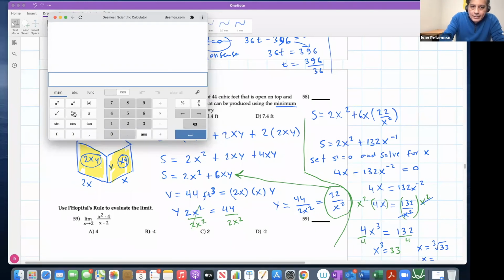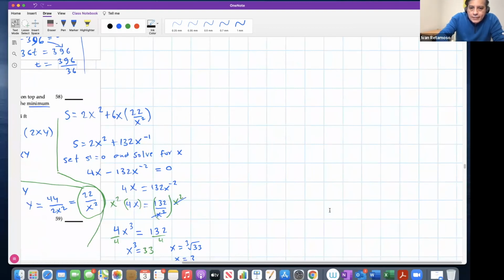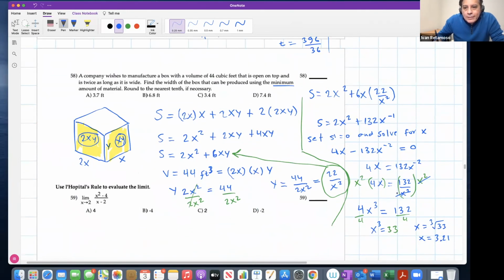Notice here in the decimal calculator, choose this function and put in the index as 3 because you are taking a cube root. The cube root of 33 is 3.21. And that should be it. Now, guys, remember, you have to approximate to the closest answer.